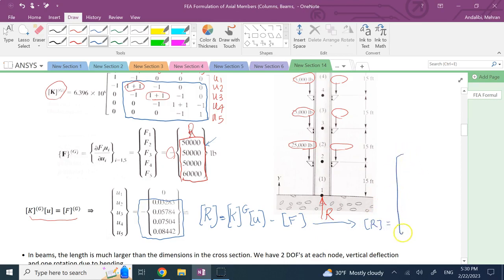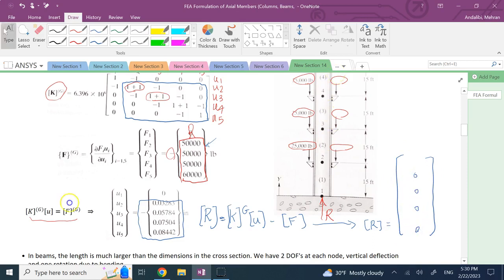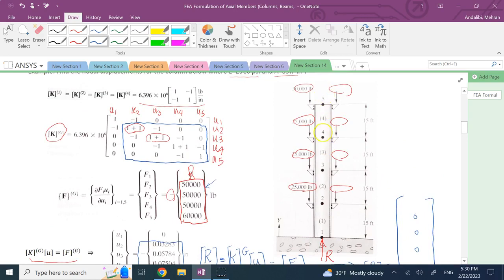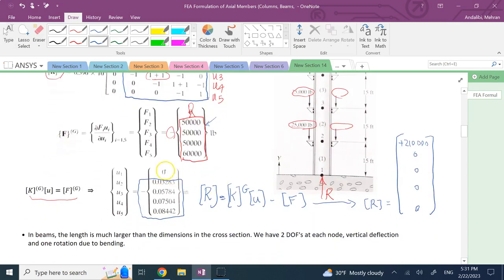You find some number at node 1, and then everywhere else you find 0, because at nodes 2, 3, 4, 5, there is no support reaction. At node 1, you'll find the number, and what is the number? Clearly, it's the sum of all of these forces. So you have 350,000 and a 60,000, so it is going to be positive 21,000,000, okay? And that is the reaction there.